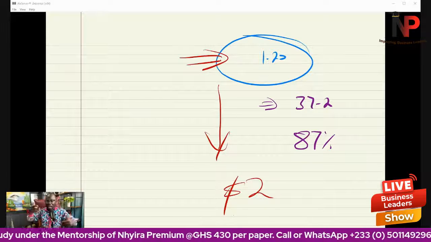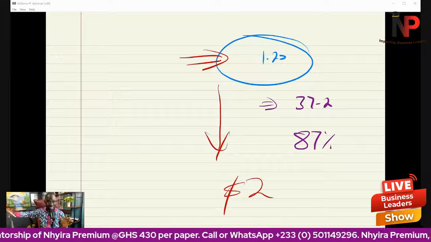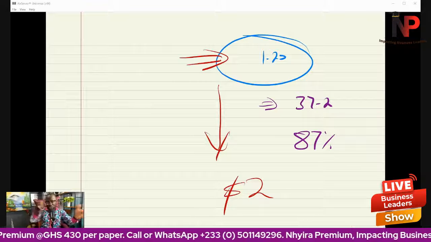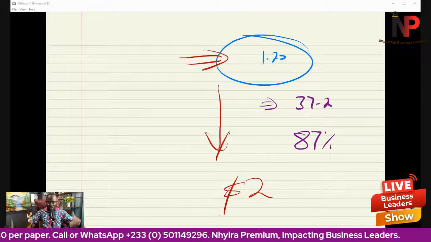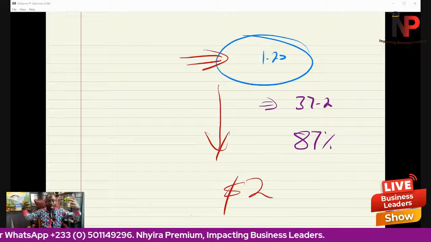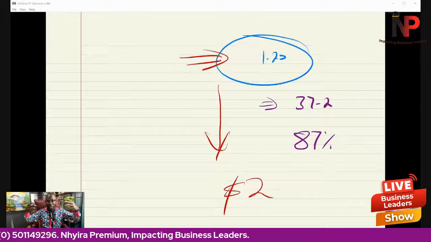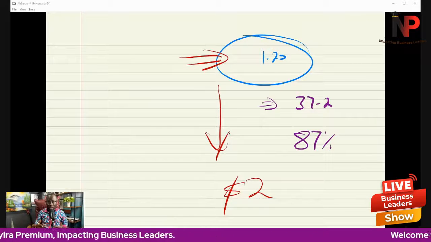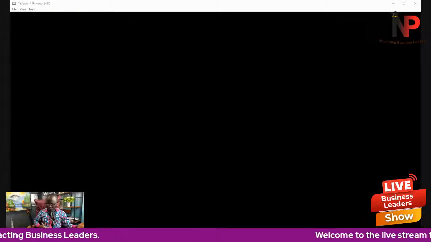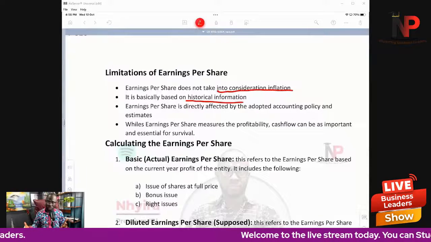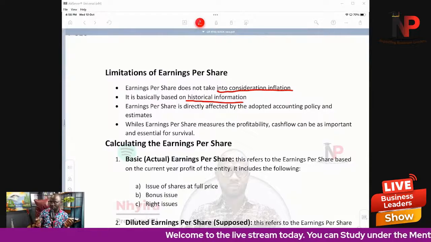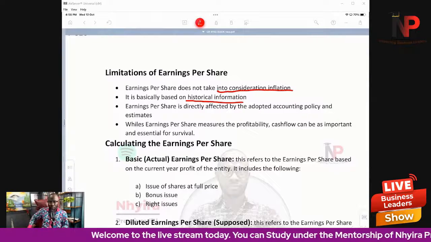So it is not likely for us to use that to predict the future, because the conditions are different, the scenarios are different, the events are different, the accounting policies applied may change. So yes, it is good, but it is just based on historical information, making it difficult to make predictions for the future.